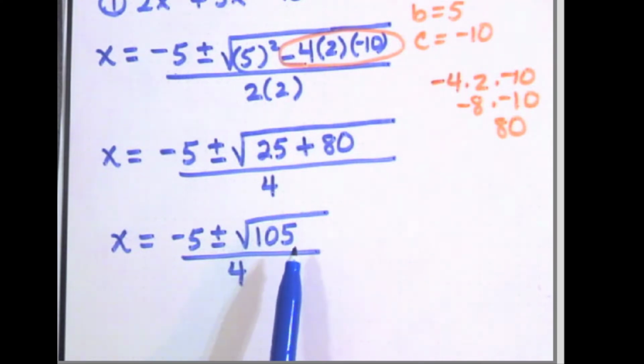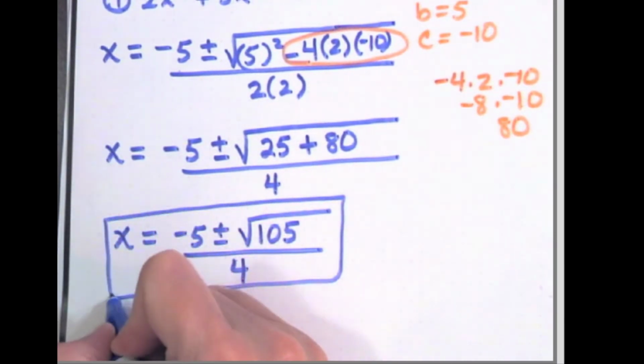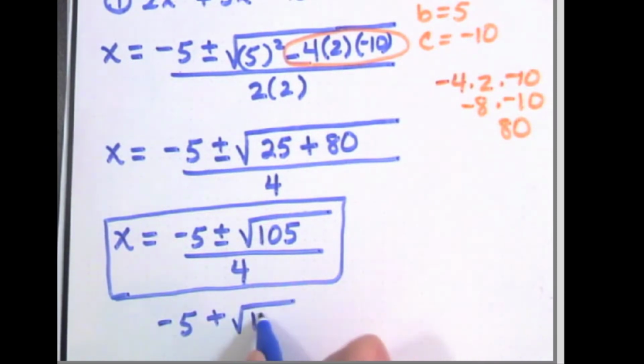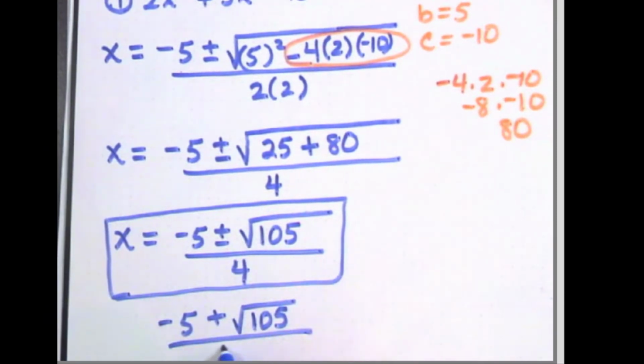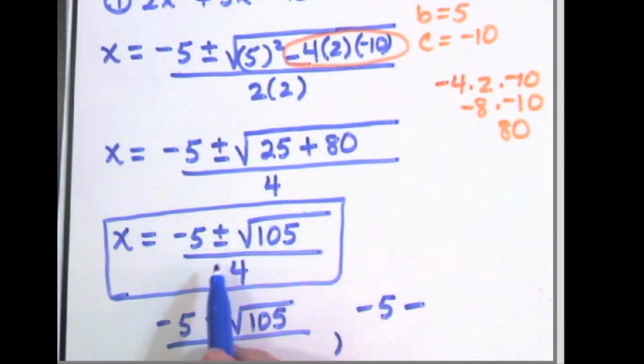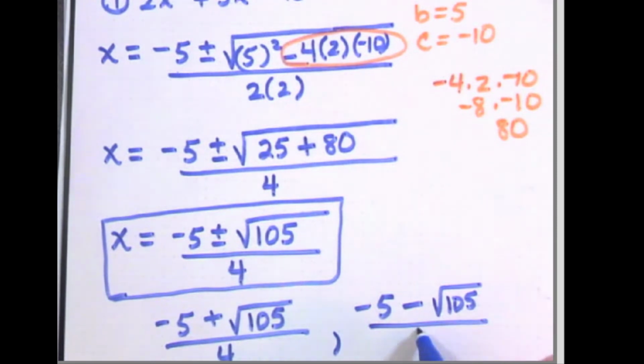The answer is no. You could also make a factor tree to verify that. Okay, so this is actually our answer. And you might see it written out as 2 separate answers: negative 5 plus the square root of 105 over 4. And then your other answer would be negative 5 minus the square root of 105 over 4.